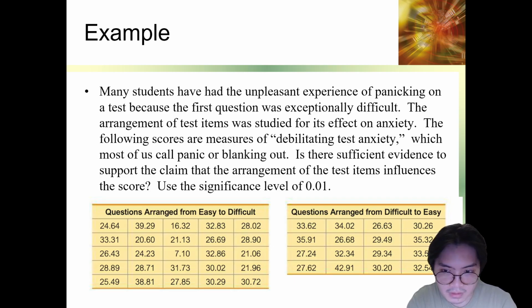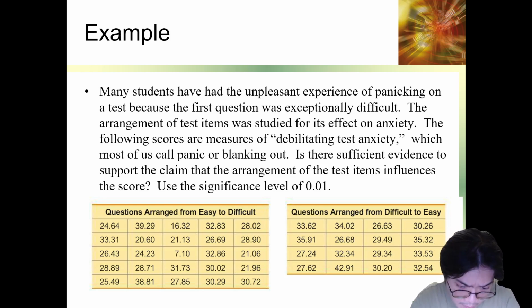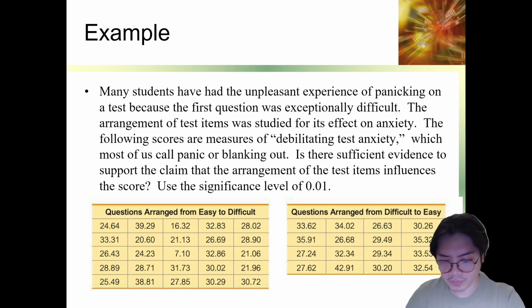Oh, this person apparently blanked out. 31.73, 20, 32, 30, 28, 30. There we go. 25 items done.